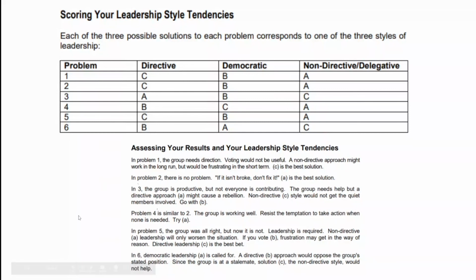And in 6, democratic leadership is called for here. A directive approach, B, would oppose the group's stated position. And since the group is at a stalemate, solution C, a non-directive style, would not help. So you can kind of assess where you fit along those.